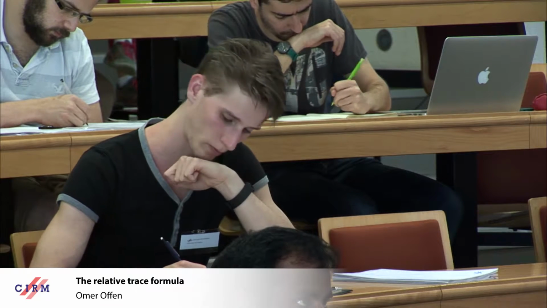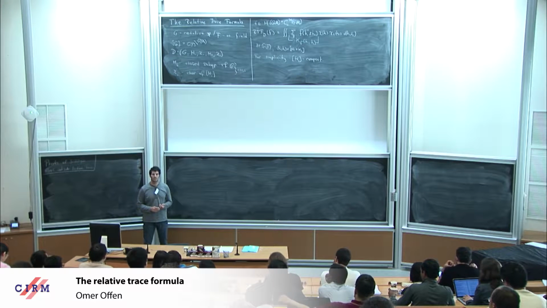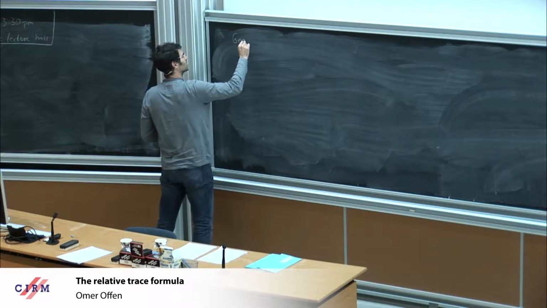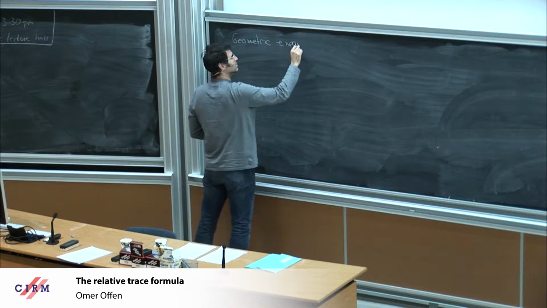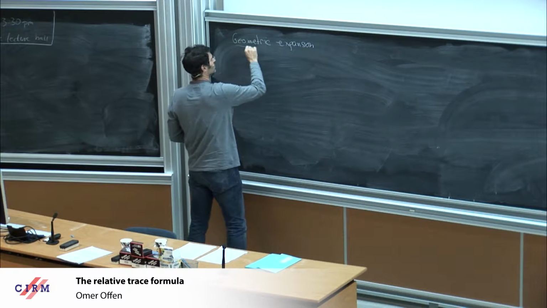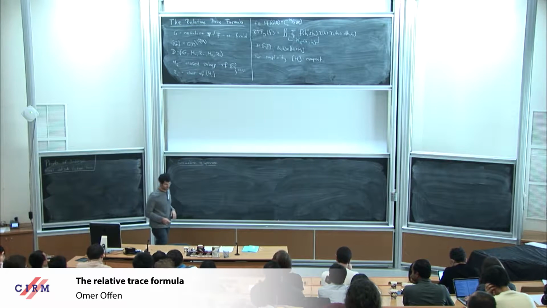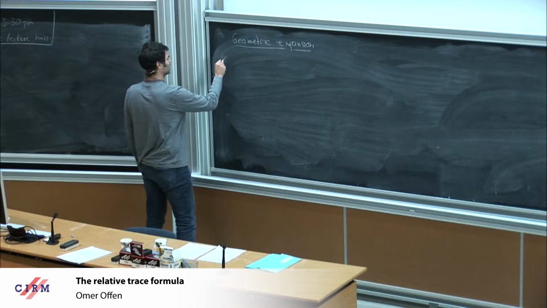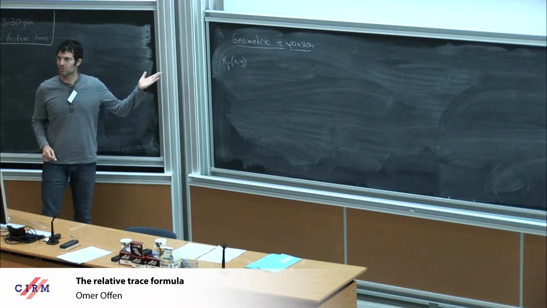Okay, so we have seen in the talk about the trace formula that this distribution can be expanded geometrically and spectrally. And in this case, the geometric expansion, well, it's no longer over conjugacy classes, but rather over double cosets. Okay? So just formally, if I look at the kernel function, remember, Johan wrote it as a sum over conjugacy classes.